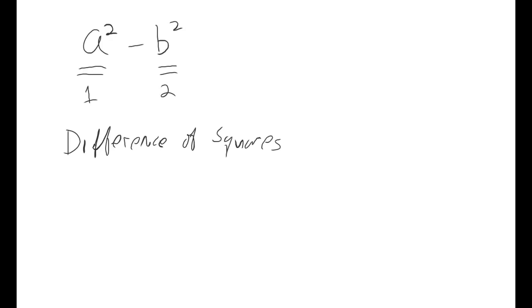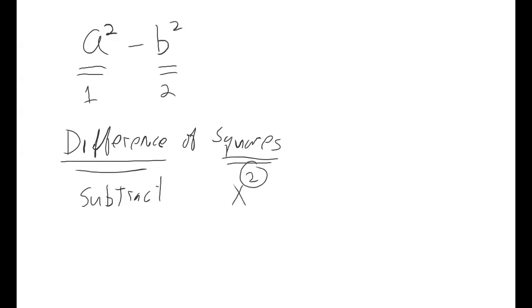Difference means to subtract, and squares means I have an exponent of 2, or a power of 2. As you can see in my problem here, I have a difference and these are both squared. So this problem is a difference of squares.